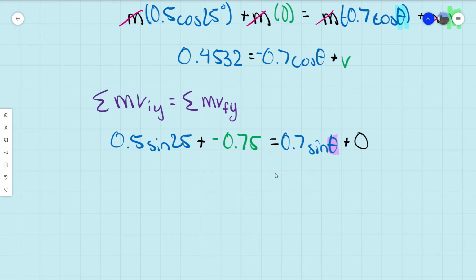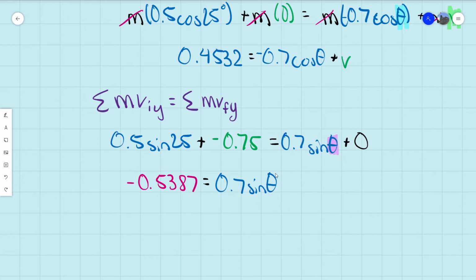So 0.5 times the sine of 25 degrees minus 0.75 is a negative 0.5387 equals a positive 0.7 times the sine of theta.